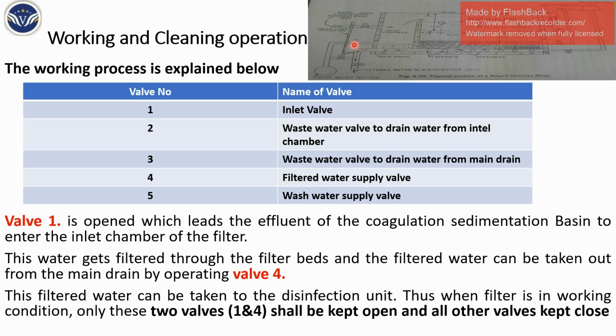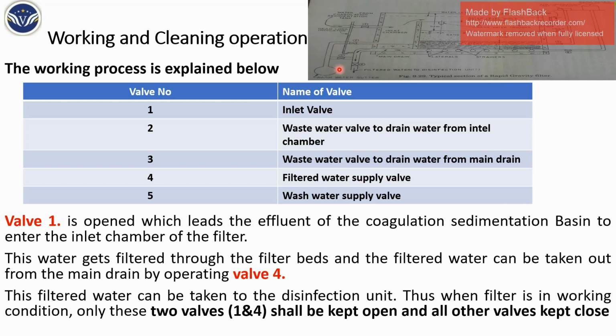The second valve is a wastewater valve to drain out the inlet chamber. If you want to drain it out, this valve is used, and it is connected to a gutter, or we can say a drain.